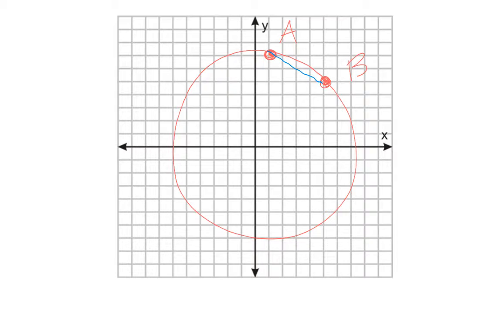Now, we want to figure out if the right bisector of this chord goes through the center of the circle. In other words, does it go through the origin? Let's do a rough sketch here.